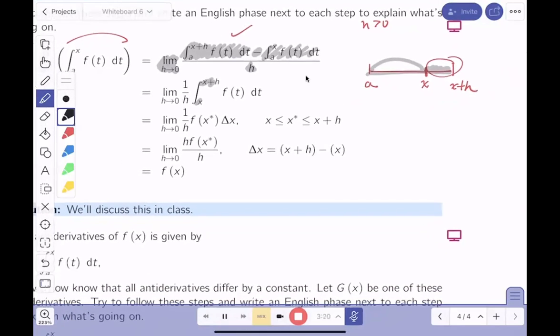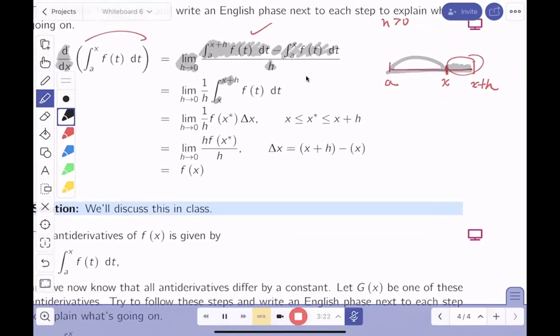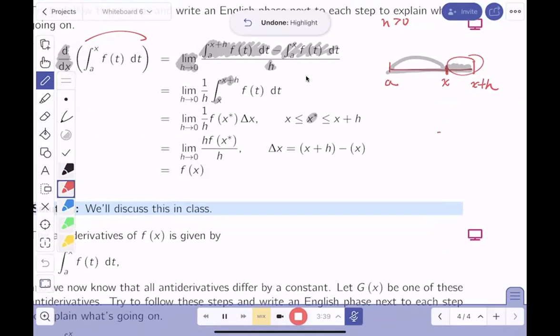So then they go somewhere over here. They say, oh, this looks really tough. They got this x star business over here. So I'm going to try to visualize what they're talking about. Whoops, let me get to my black ink. Again, I'm trying to read and understand what I'm reading. I know they're going between x and x plus h.